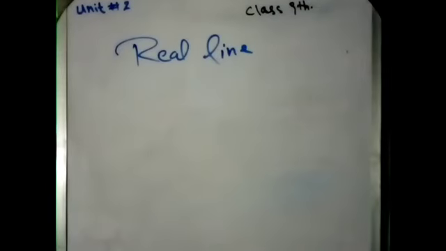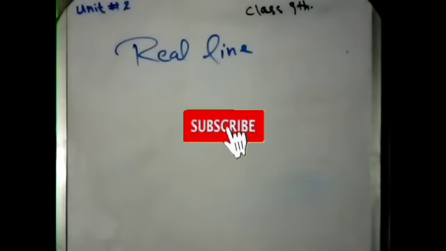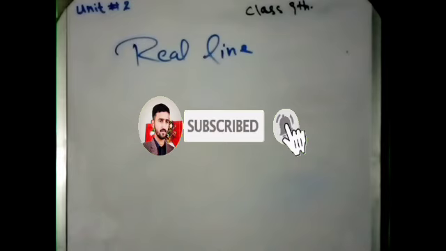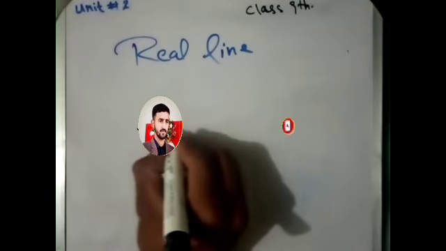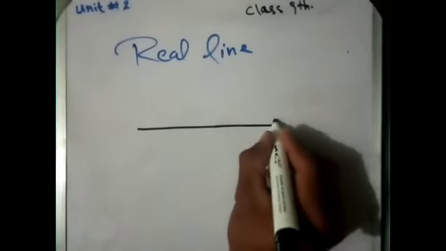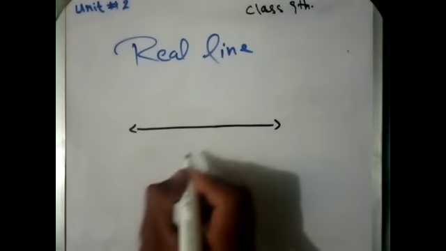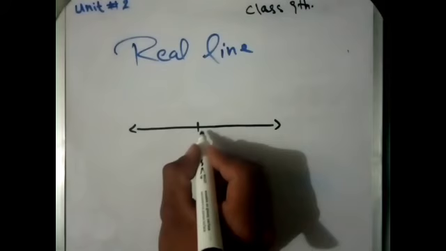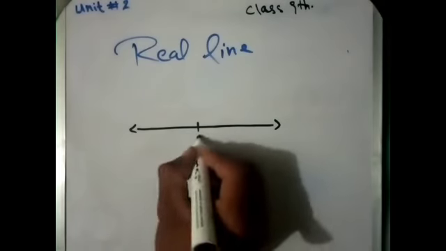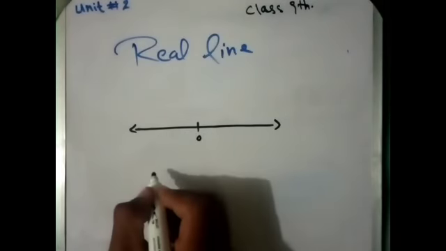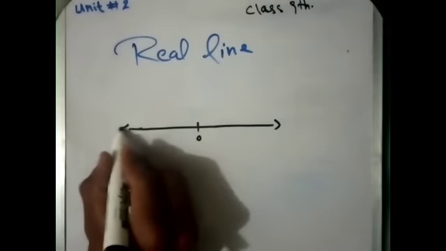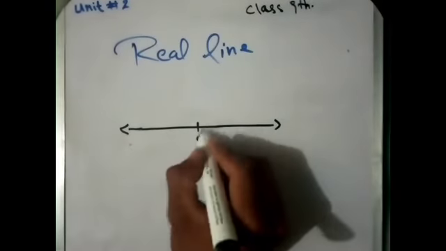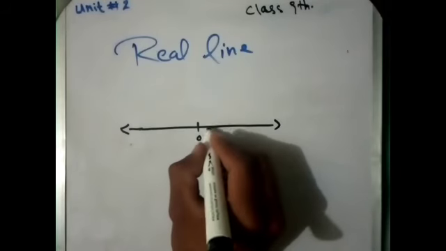What is a real line? It can be represented as this. This is the real line. This point is the origin.